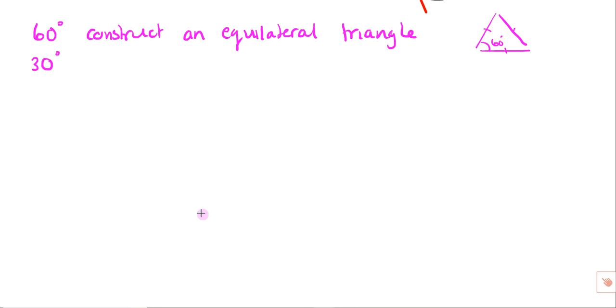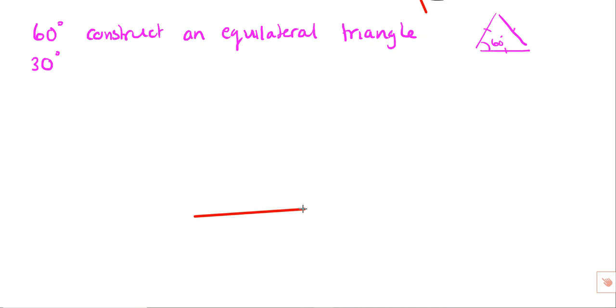You are going to draw a line anywhere on your page. Okay? No, not in your plain paper yet. Just in your book. Use your ruler, straight line. It doesn't matter how long it is. What it does matter though, okay, is that we can open up our compass to be the length of that line.